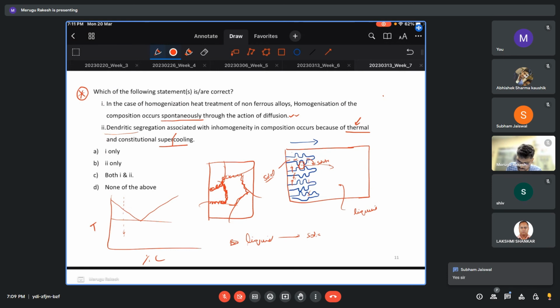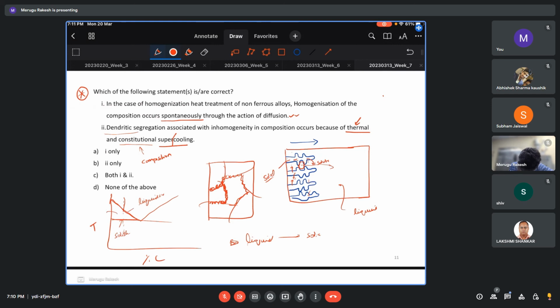Then comes the constitutional. Constitutional is nothing but the composition. Okay. Now see in this graph. So when you are coming till this point, say this is liquidus, say this is solidus.